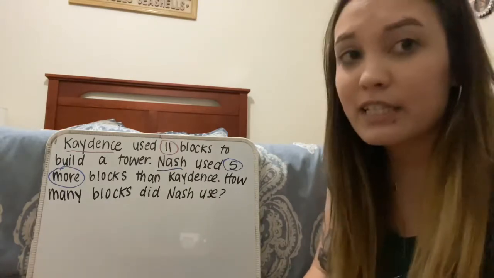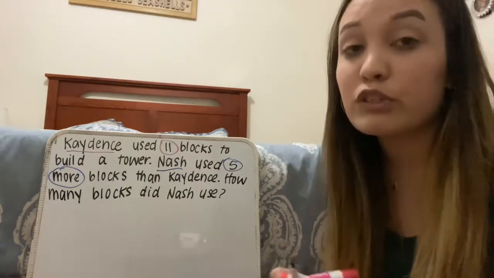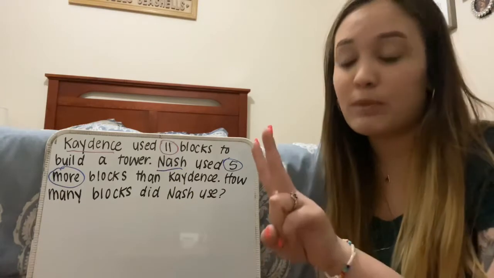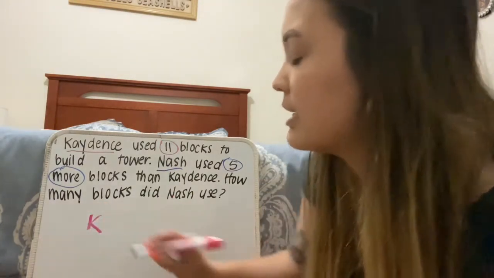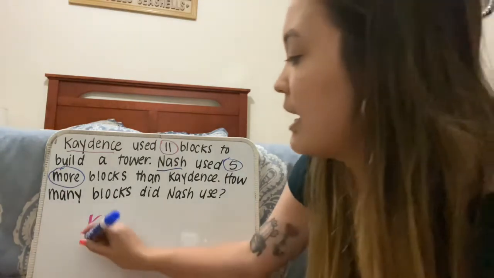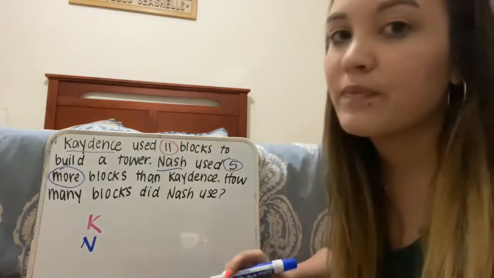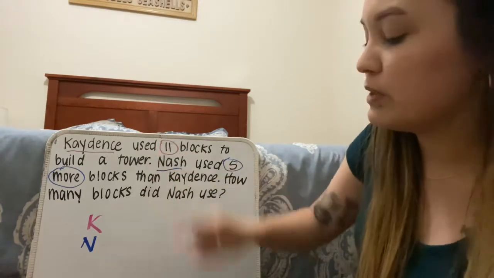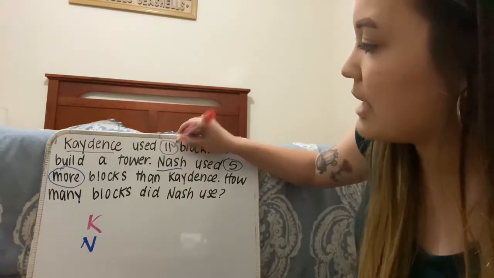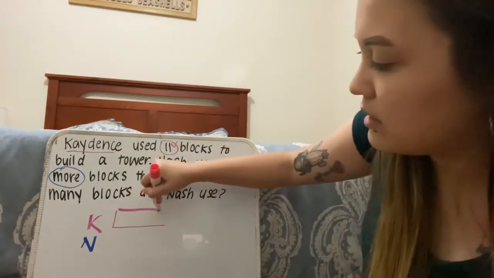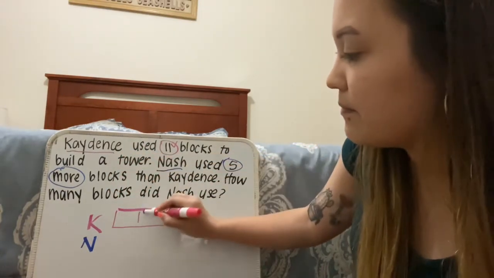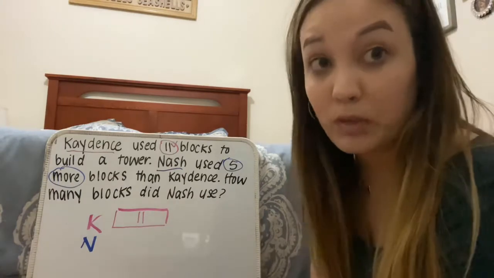Well, we've been practicing using our tape diagrams, so we're going to do 2 tape diagrams because we have 2 people. So I'm going to put a K for Cadence, and then I'm going to put an N for Nash. All right, so Cadence used 11 blocks, so we're not going to use that number again. So we already have Cadence's total, which is 11.